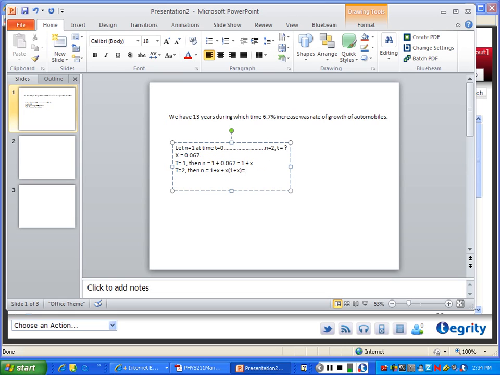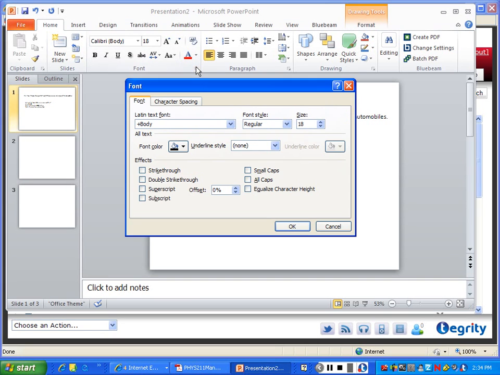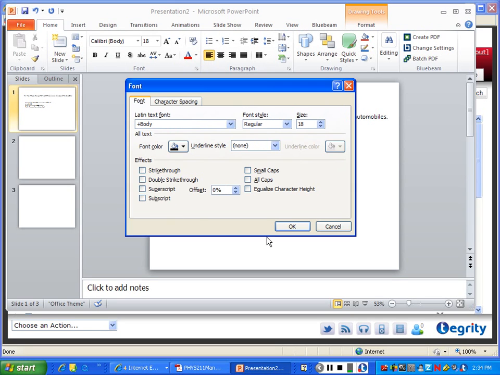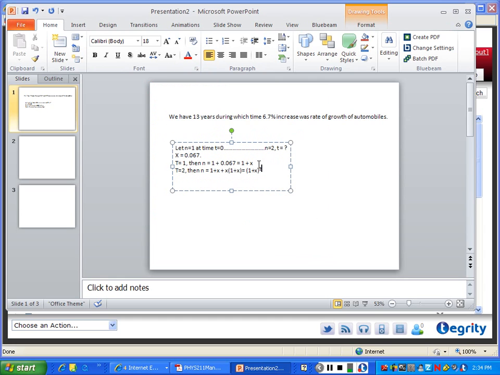So this is actually, parentheses, 1 plus x raised to the second power, 1 plus x squared. So at the end of 1 year, it's 1 plus x. End of 2 years is 1 plus x squared.